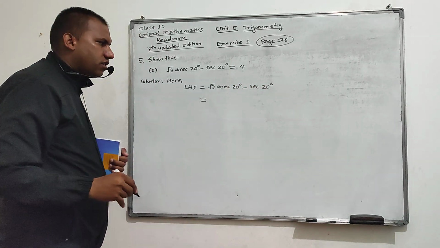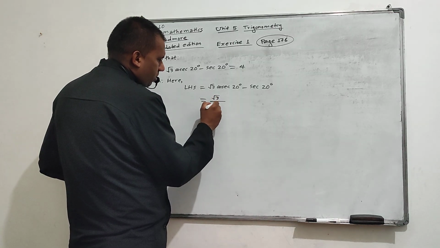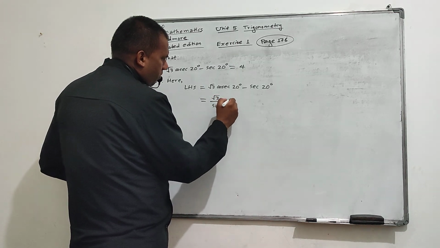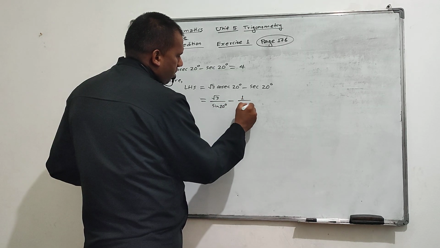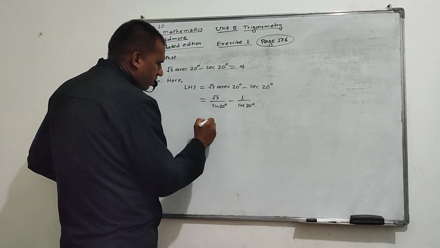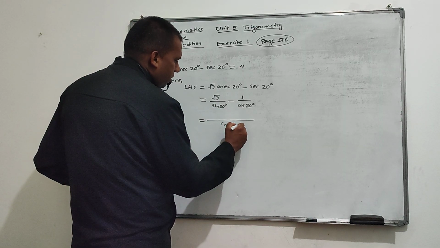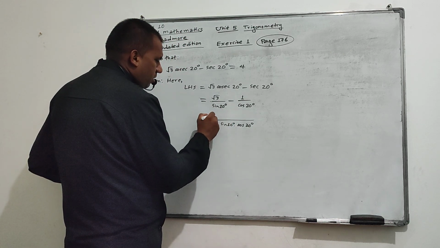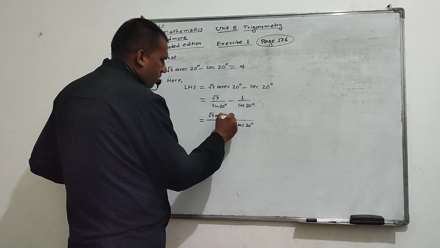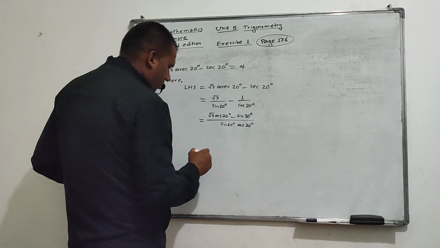First convert into sin cos. Cosec is 1 by sin, so it is equal to root 3 by sin 20 minus sec is 1 by cos, so 1 by cos 20. Now taking LCM, sin 20 dot cos 20, upper part root 3 cos 20 minus sin 20.